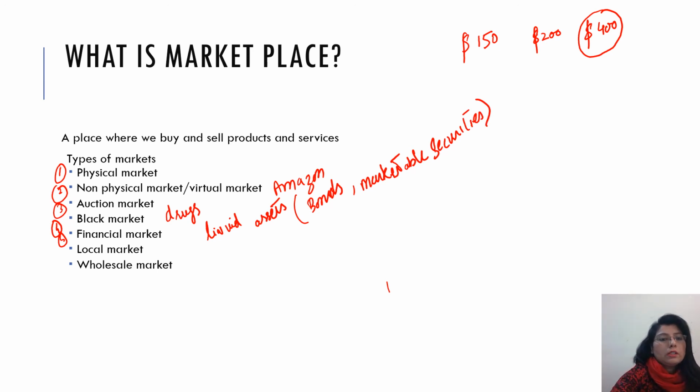A local market is the same, that is in our area or in our city. A wholesale market is one where goods are bought and sold in bulk. Mostly retailers will buy from the wholesaler.